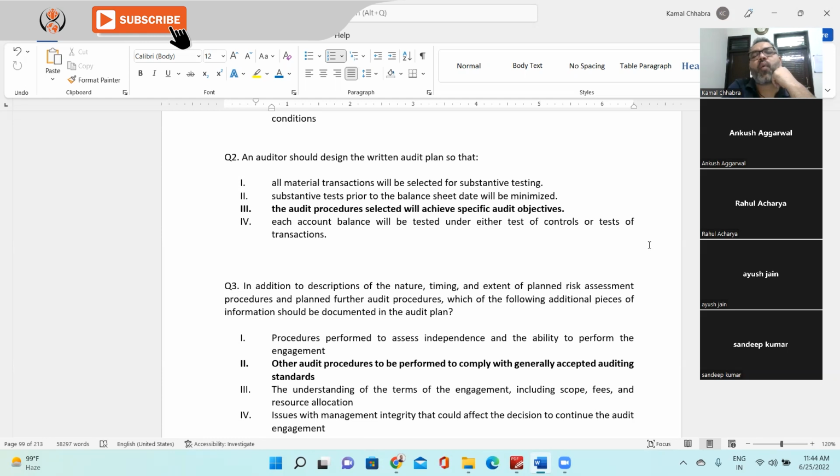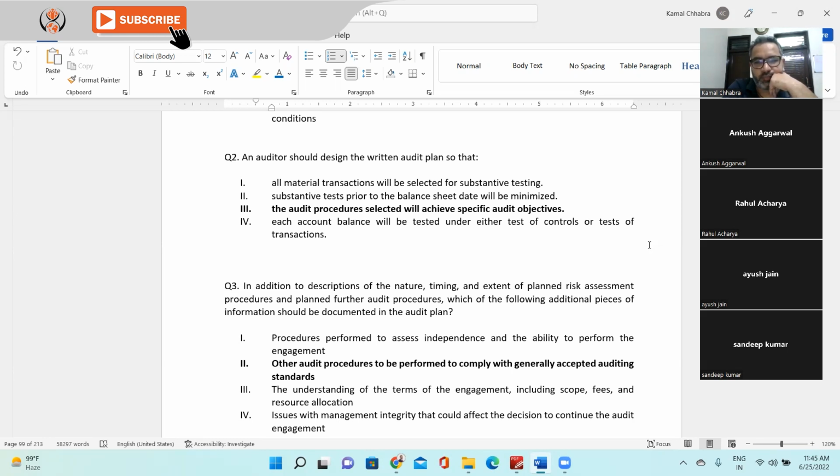So that's why I think all material transactions will be selected. This won't be right because this won't form part of the audit plan. We will be doing this during the audit. And coming to the second point, substantive tests prior to balance sheet date, that's again the result of the first one, when we will be doing the material transaction testing. By the end of the balance sheet date, we will be getting minimized results.